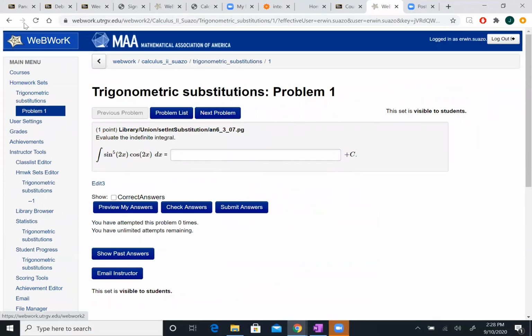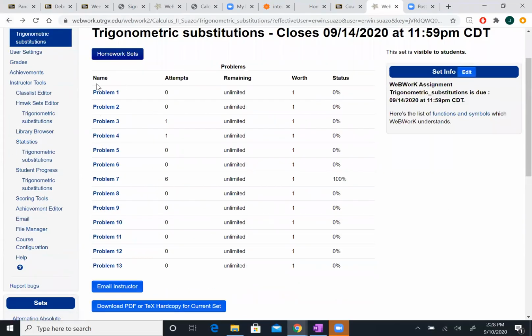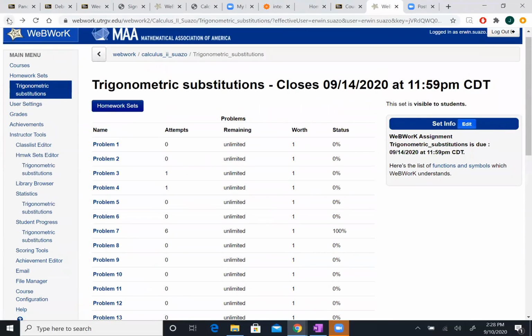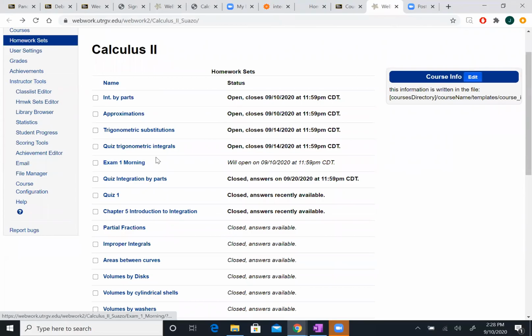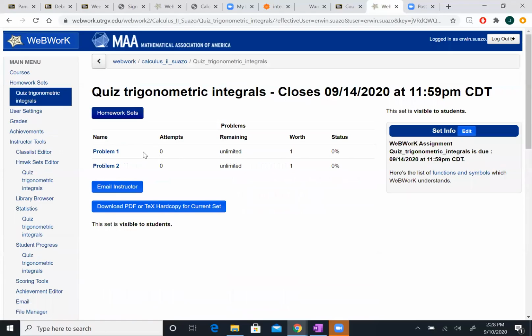Let me see what quiz I put. I think it says the 14th. Okay, because you sent out an email saying that it was due tomorrow. Oh, let me see. No, I put 2 problems. So no, it will be the 14th.